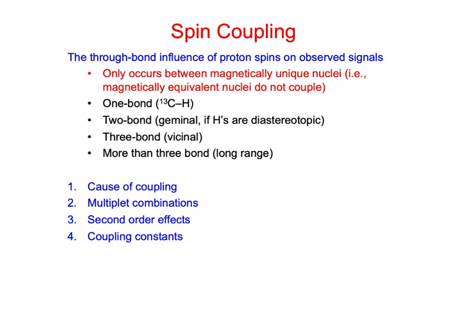All right. So we can just start kind of an introduction into this. Next thing that we're going to talk about is the spin-spin coupling. Okay? And so these are through-bond influences where the spins of one proton or one nucleus can affect the other observed signals.